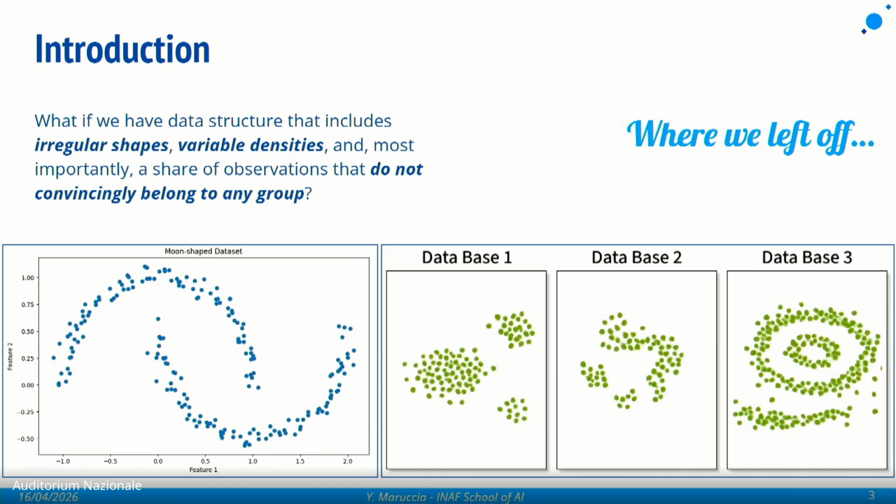So we were saying that this morning we saw the k-means is very able to find clusters that are in a circular shape, for example, but it's very difficult to work with other kinds of data sets, as we have seen in the notebook at the end of the first session.